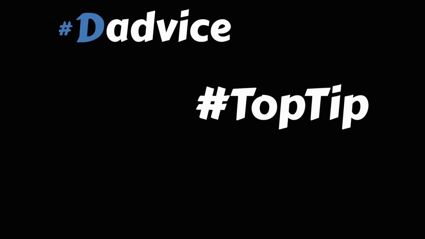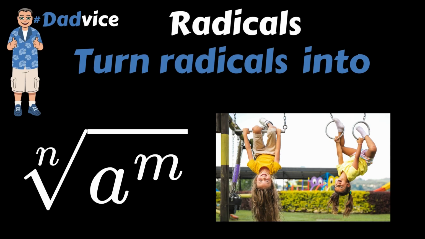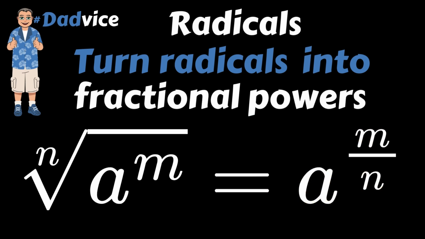The way I remember that is that radicals terrify most people, and fractions terrify most people. These are the terrifying numbers, so they must be the same number that moves back and forth. Years of experience have taught me that whenever I see radicals, I'm going to change them into fractional powers.